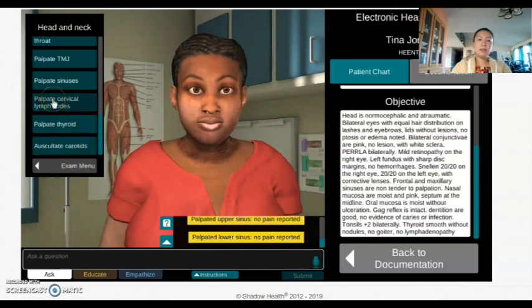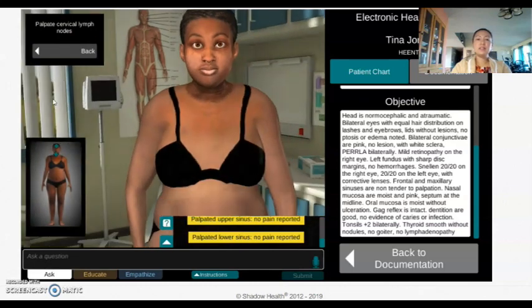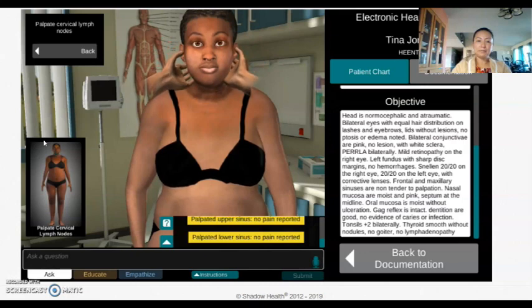Okay, palpating the cervical lymph nodes, and this is to check for any abnormalities, if there's lymphadenopathy. There you go. Thank you, Tina.